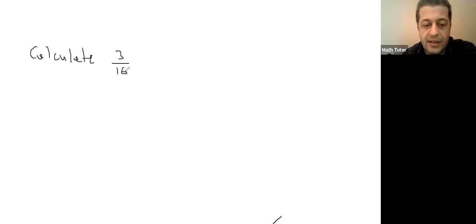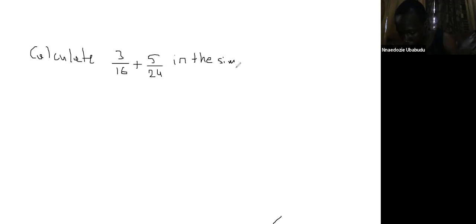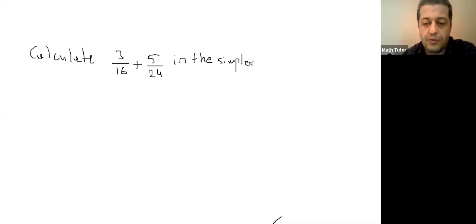Calculate 3 over 16 plus 5 over 24 in the simplest form. Write the result in the simplest form. Okay, sir.